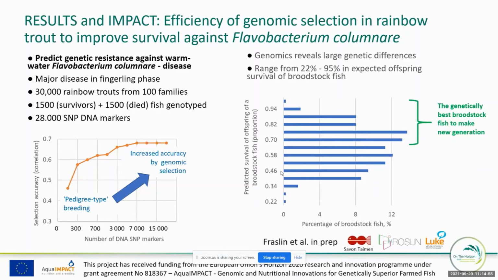And there are broodstock fish whose offspring will likely have survival of 34%. So there's great variation in the broodstock, and we have been able to estimate it through the DNA profile of the fish. And naturally, we select the parents with the highest expected survival in the offspring. So this is genomic selection.